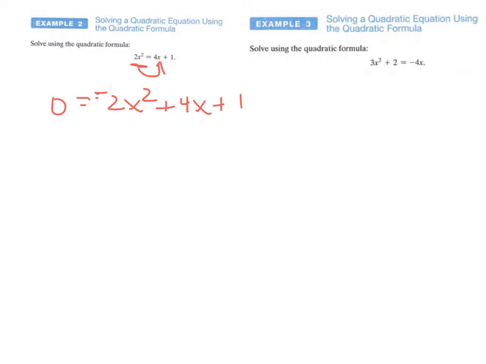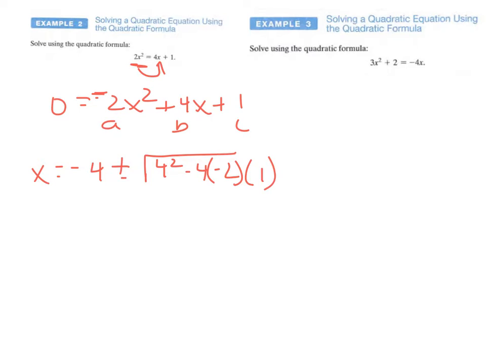And so my A is negative 2, my B is 4, my C is 1. So I can use the quadratic formula, which is x equals the opposite of B, so minus 4, plus or minus the square root of 4 squared minus 4 times A times C, all over 2 times A.